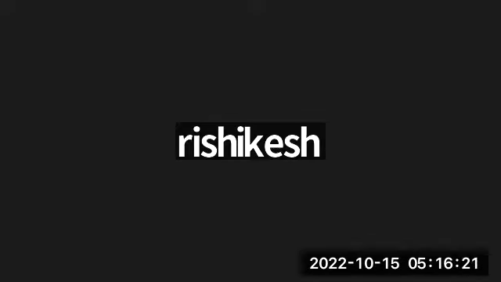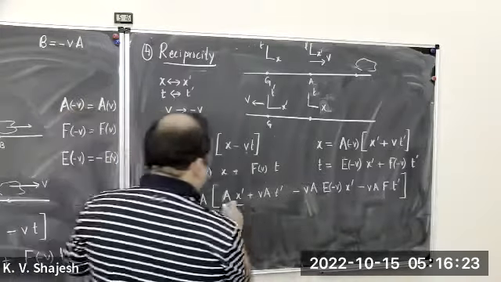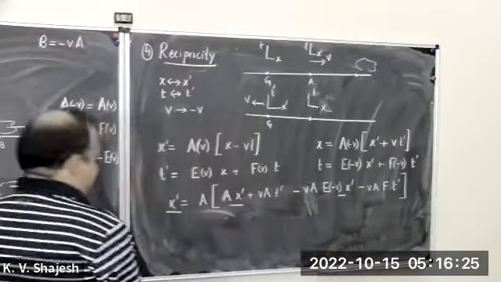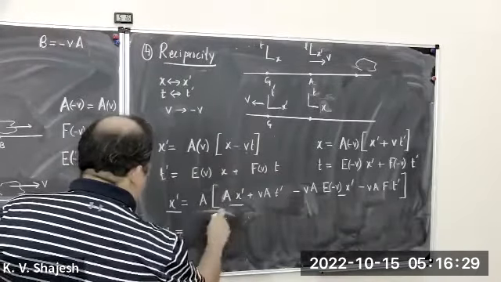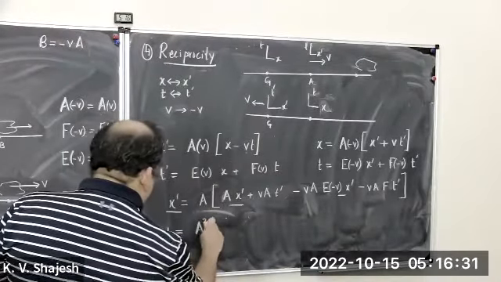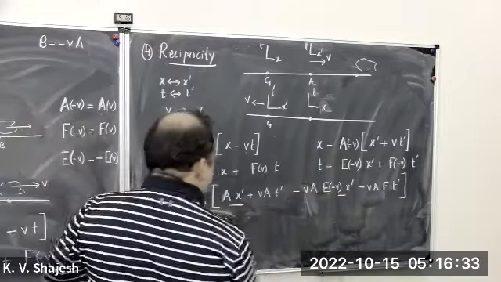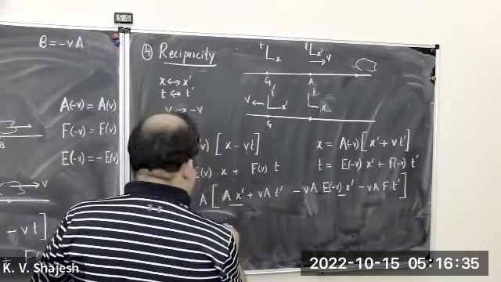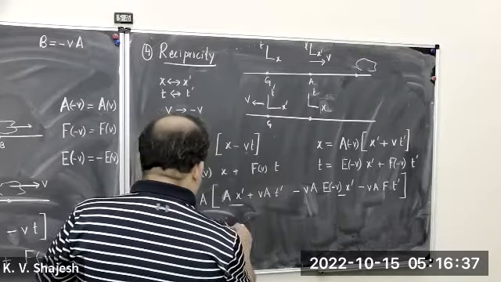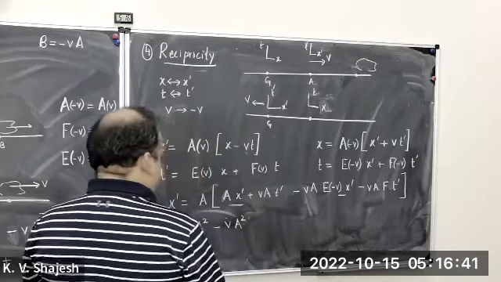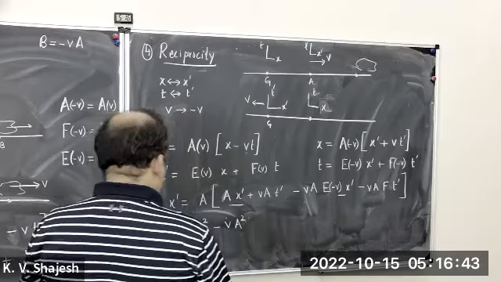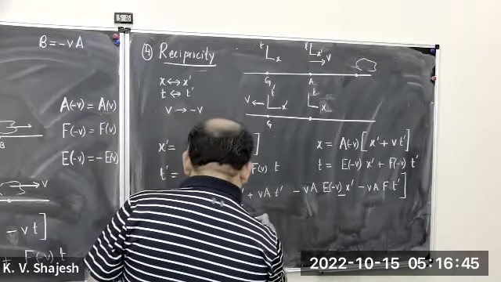For consistency, the x primes should match. So we have 1 is equal to a squared, right? And then there is minus v a squared times e of minus v.